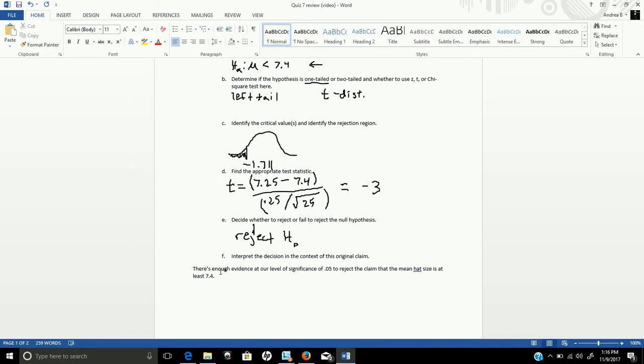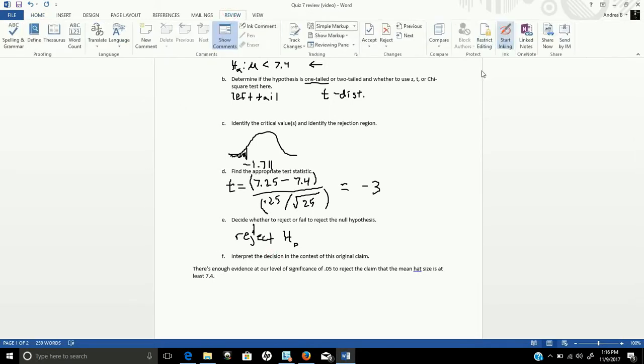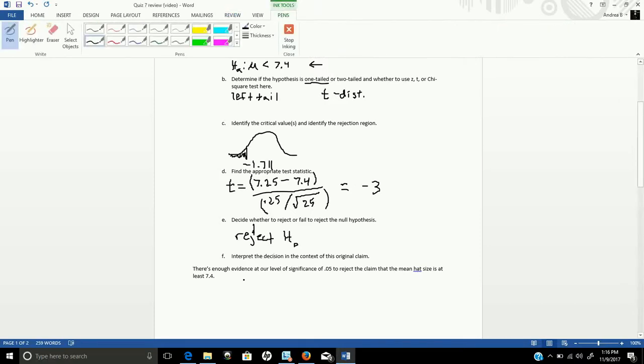You don't necessarily have to include the level of significance of 0.05 and what that claim was, but you definitely need to make sure that you're including what it is that there is enough evidence or not enough evidence for, depending on the phrasing that we have, whether we reject the null hypothesis or not. Underline the parts you definitely need to include.